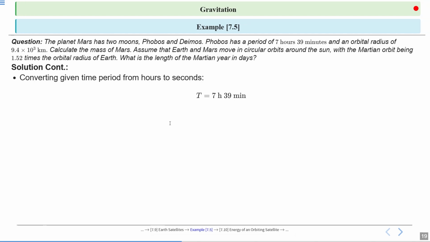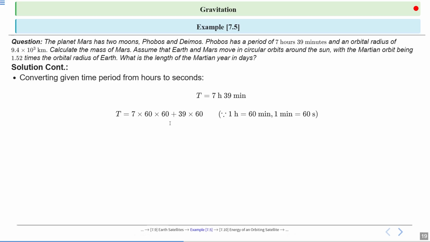Converting the time period from hours to seconds. So we have T equal to 7 hour 39 minutes. To convert the time, we multiply hours by 60 to get minutes, and then by 60 again to get seconds. Similarly, we convert minutes directly to seconds.